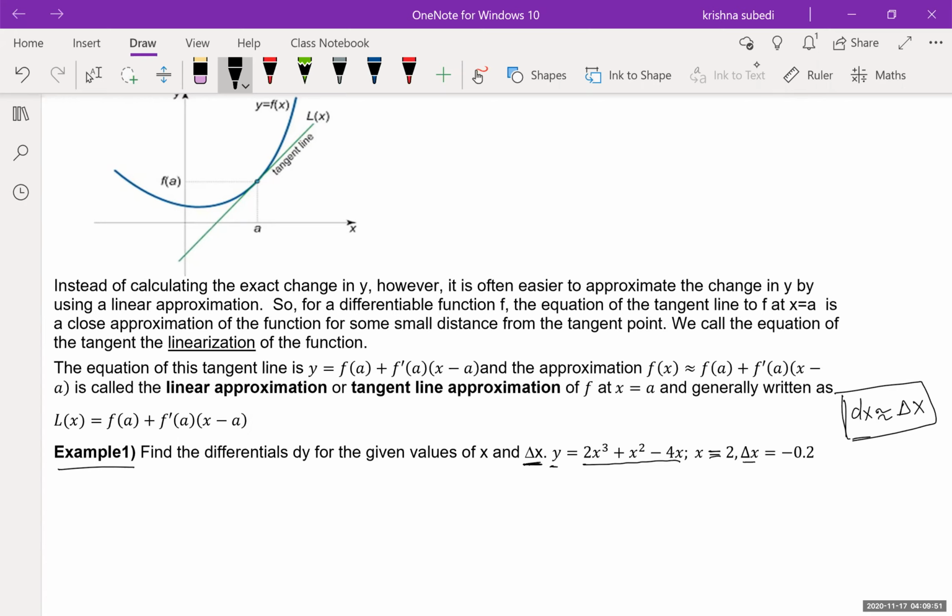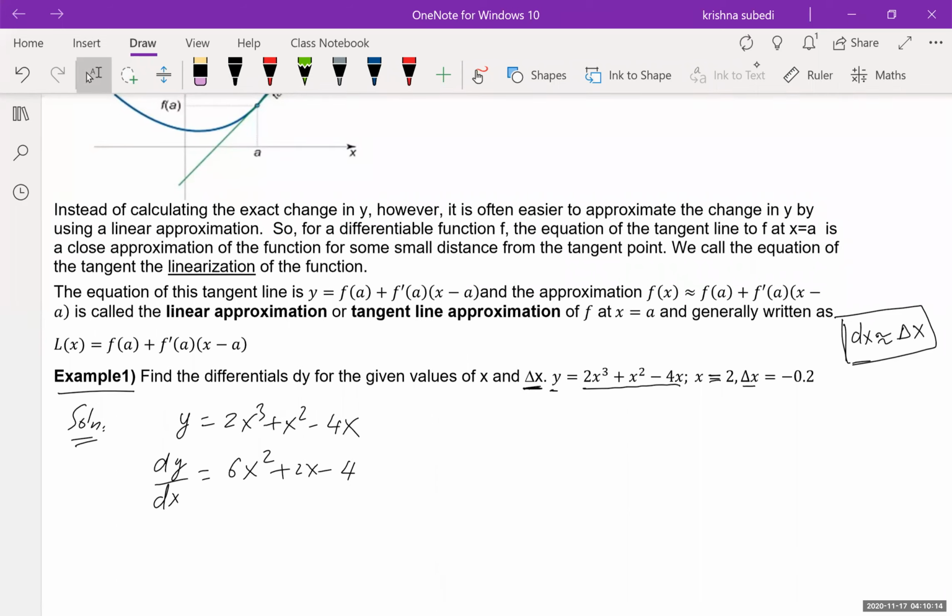Now find the differential dy for the given function. What is given here is y, 2x cubed plus x squared minus 4x. Now I want you to find the derivative dy over dx, which is 6x squared plus 2x minus 4.